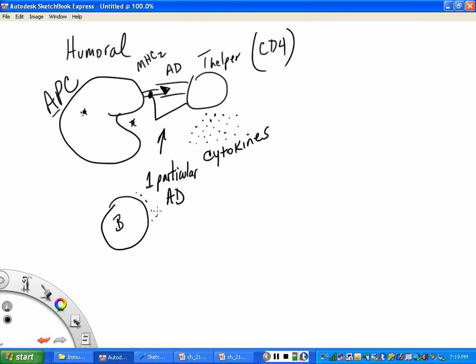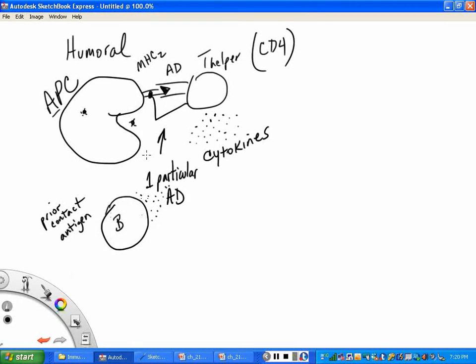Okay, so this B cell, those cytokines get over there. And remember, most of the time we say that this B cell has already had a prior contact with what? The antigen. Could we say the AD instead of antigen? Sure we could. So this B cell's ready. The cytokine hits it.